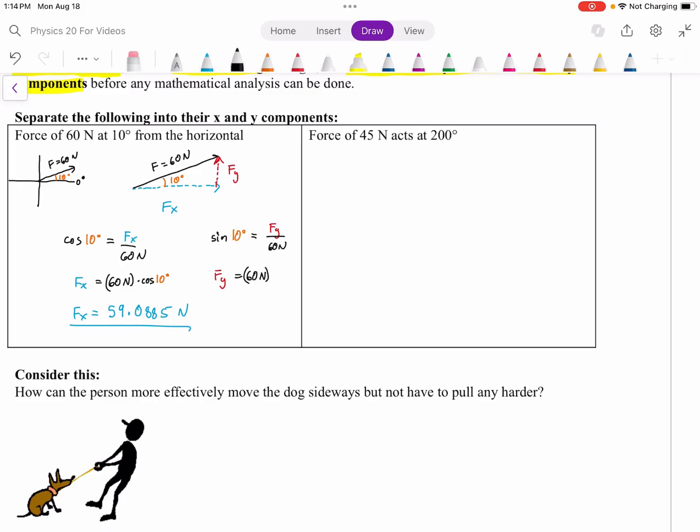We have 60 newtons times the sine of 10 degrees, to get that the y component of this force is only going to be 10.4189 newtons. So applying a force of 60 newtons at this angle produces the same result as applying this force to the right and this force up simultaneously.